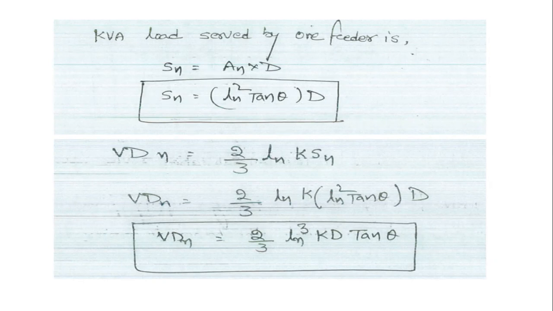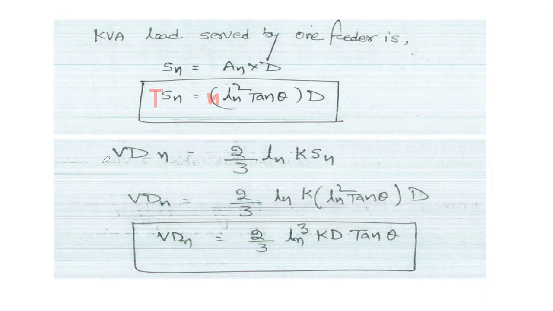Suppose we take the total KVA load for n feeders, then total Sn is equal to n ln square into tan theta into D. This is the total KVA load served by all n number of feeders.